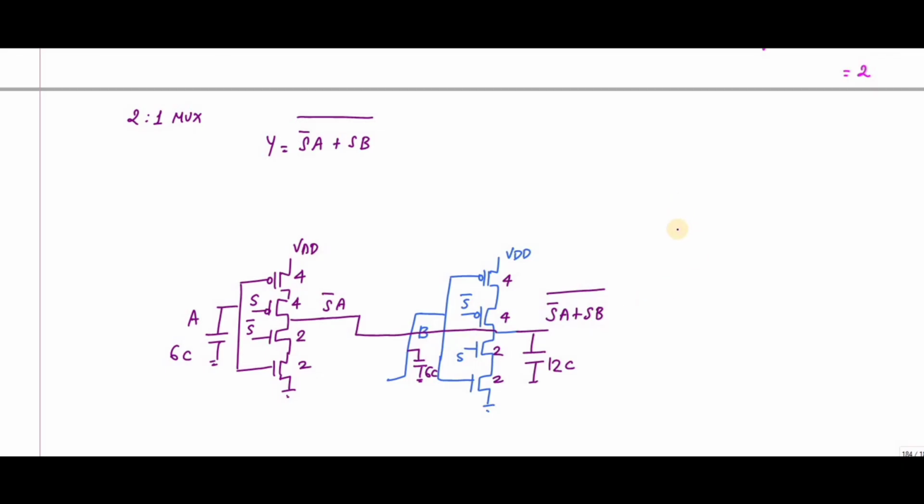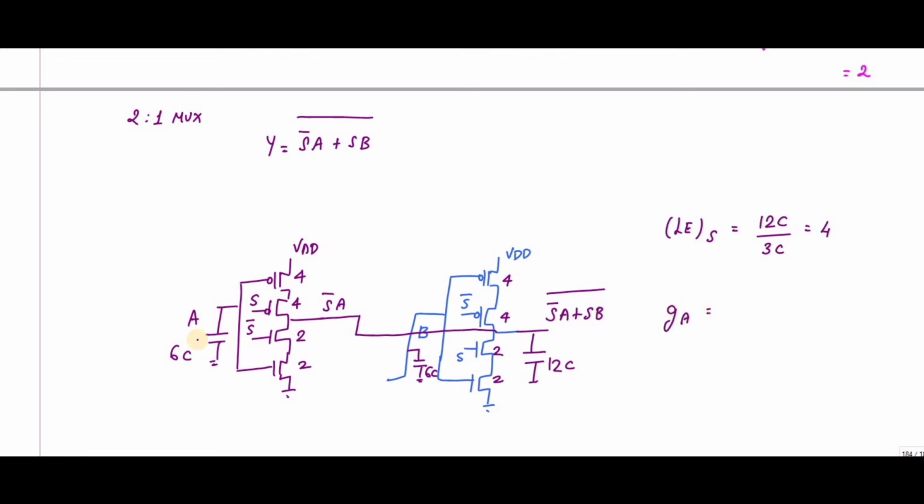Suppose I want to find the logical effort of S. It is nothing but the input capacitance divided by the input capacitance of the inverter, that is 4.